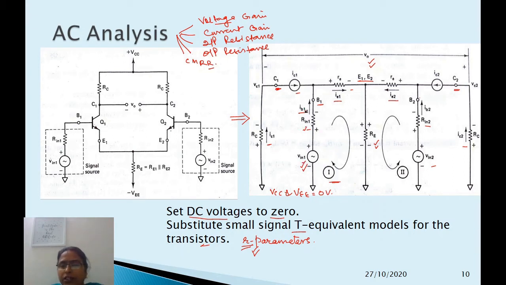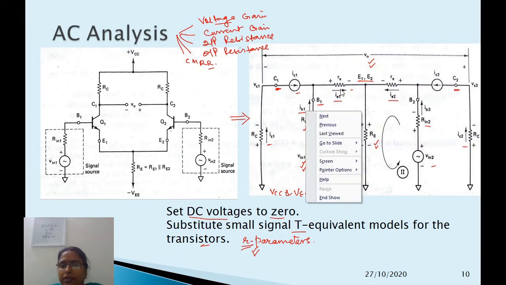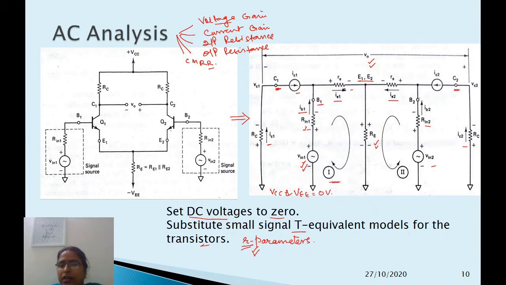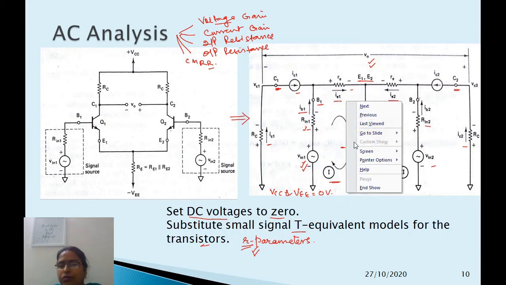Minus Rin1 into IB1, minus RE into IE1, then minus RE into these two currents that are now flowing. This is IE1 and IE2, so RE into (IE1 plus IE2) equal to 0.